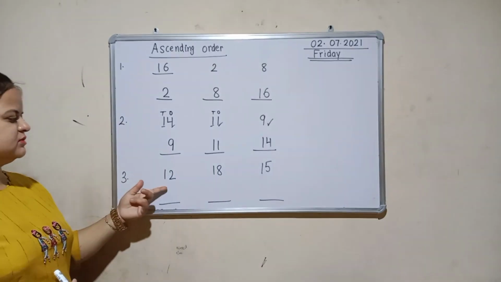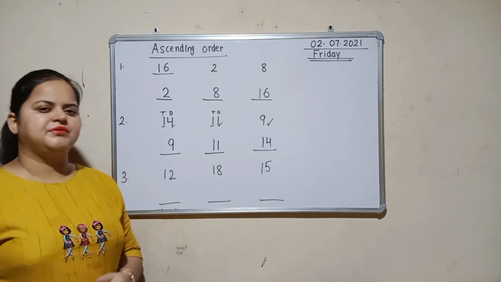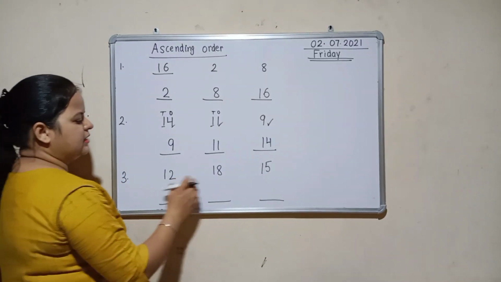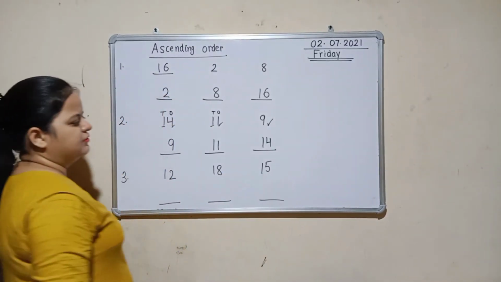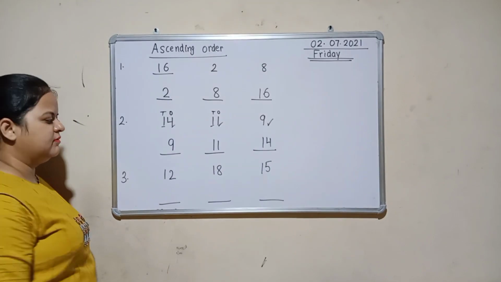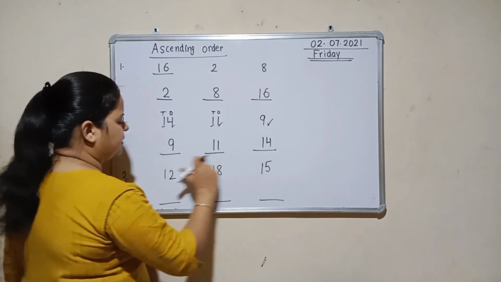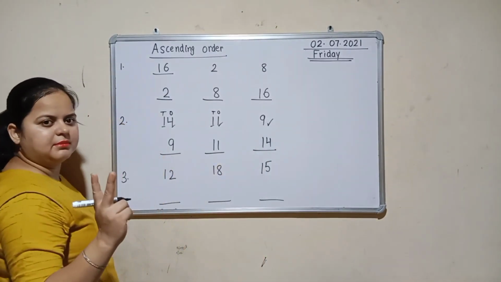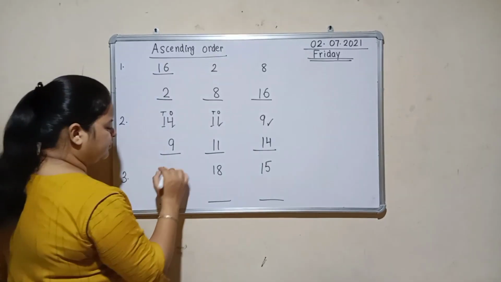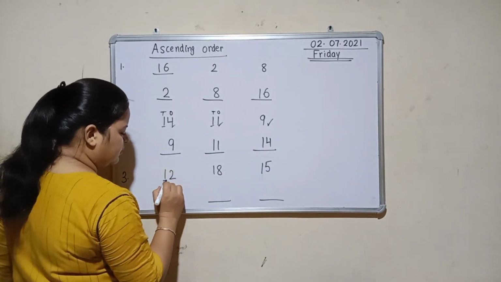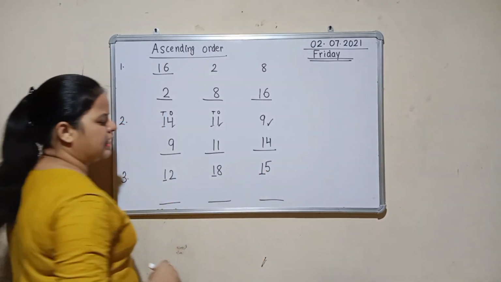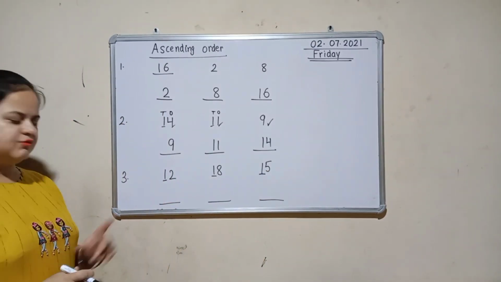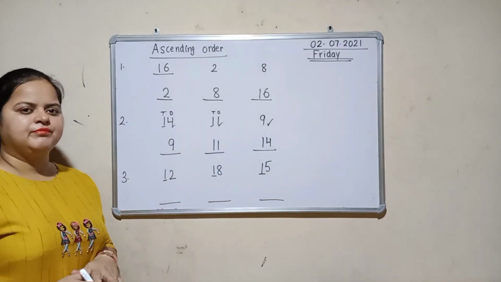Okay, the next is 12, 18 and 15. Here we have 3 numbers and all are 2-digit numbers. So we will see the tens place. Here are the same numbers 1, 1 and 1.